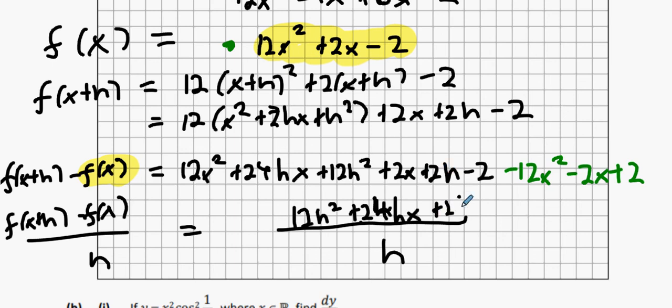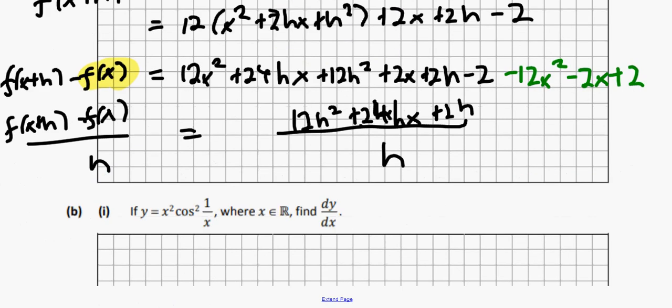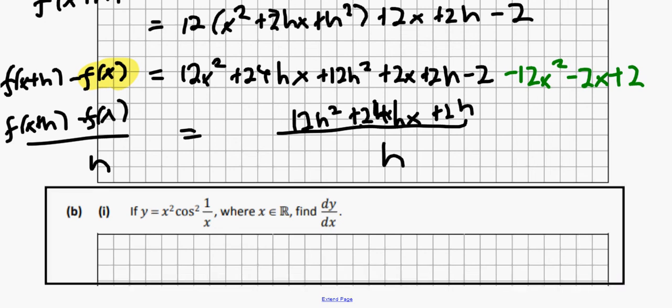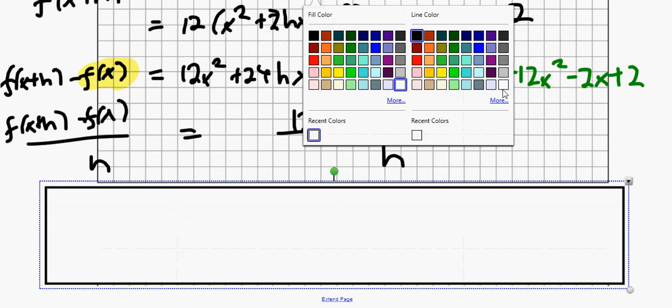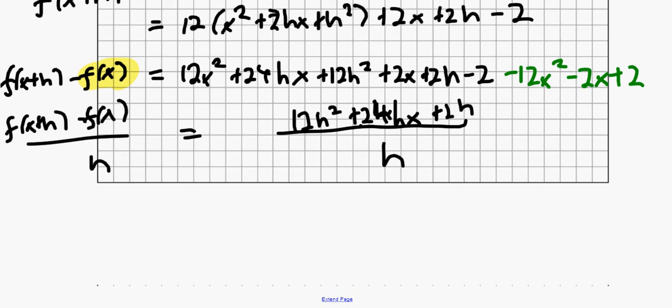Now we're going to divide them all by h. Now the problem with differentiation from first principles is generally it takes up a lot of room. So I'm just going to get rid of this for a second. Then we'll get to the proper question then. Alright, cancel out the h's. Gone, gone, gone, and gone.